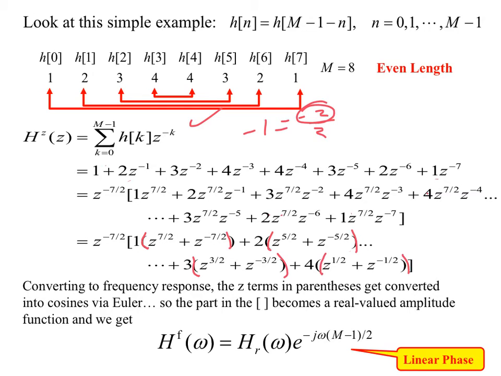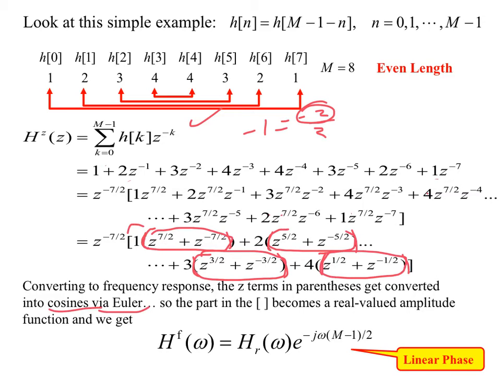If we take the z's and plug in the e to the j theta, or e to the j omega for the z, you should immediately be able to see that we're going to get things that are starting to look like Euler's formula. So we can convert all of those into cosine. So each one of these things will end up being a cosine term, which, by the way, is real.